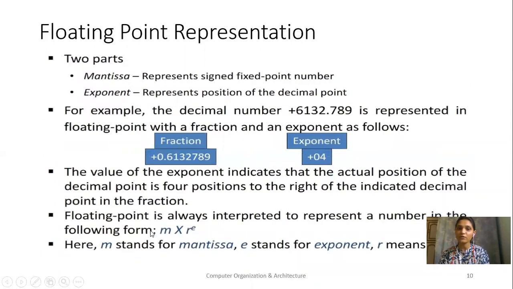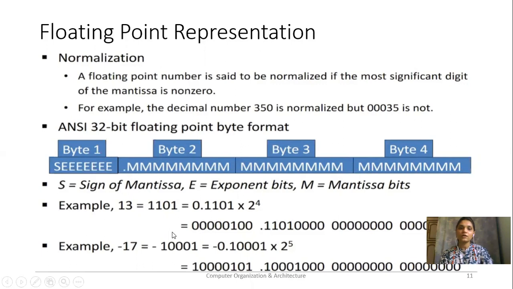As we have represented this number in the form of mantissa, base, and exponent, we have to represent the mantissa in the second, third, and fourth bytes, and the exponent in the first byte, along with the s bit.